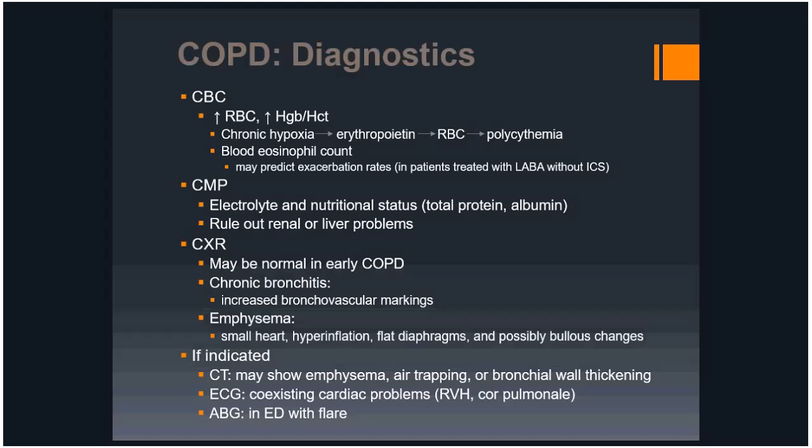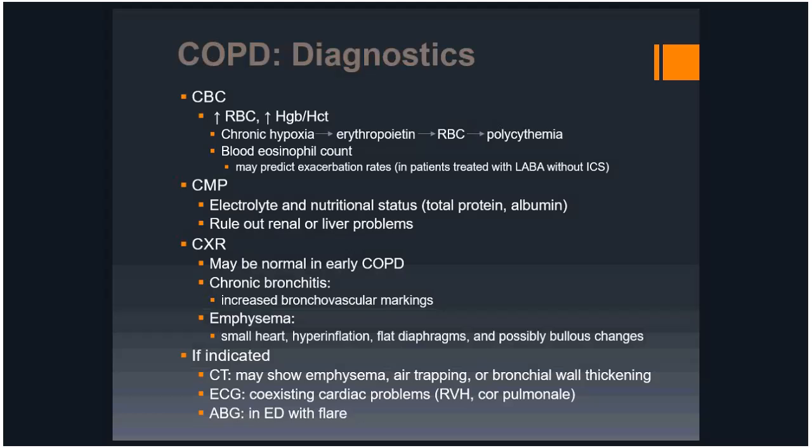Other diagnostics or other things are important when you're diagnosing COPD. On a CBC, if it's indicated, you may see increased red blood cells. You may also see a higher hemoglobin and hematocrit. Keep in mind, these patients may be dealing with chronic hypoxia, so they're going to produce additional erythropoietin.